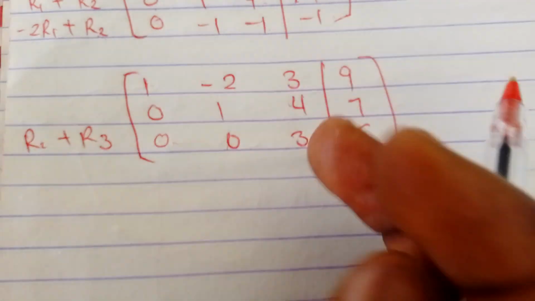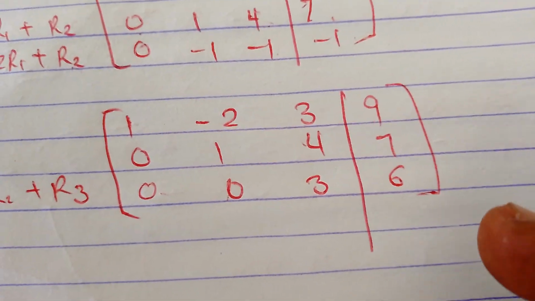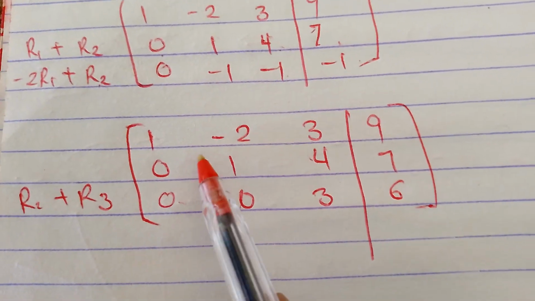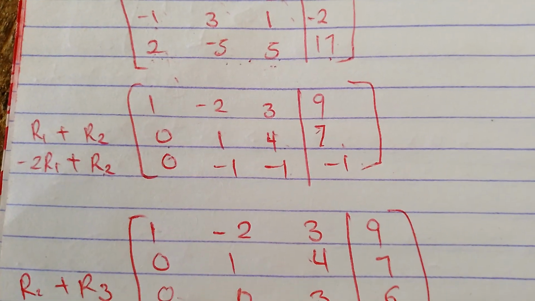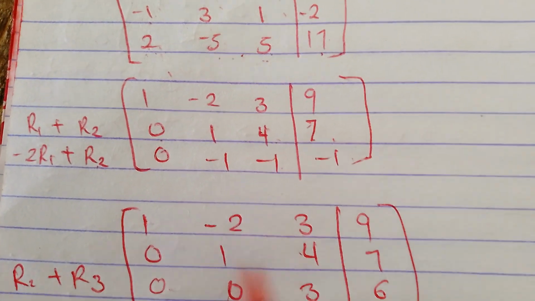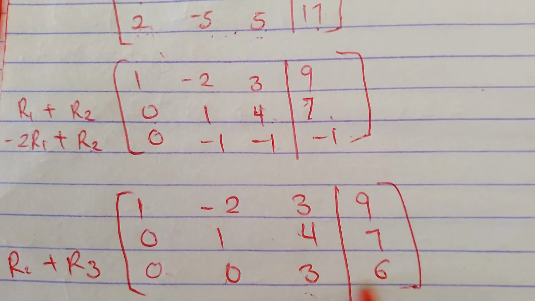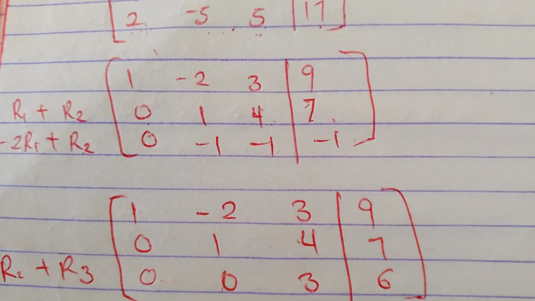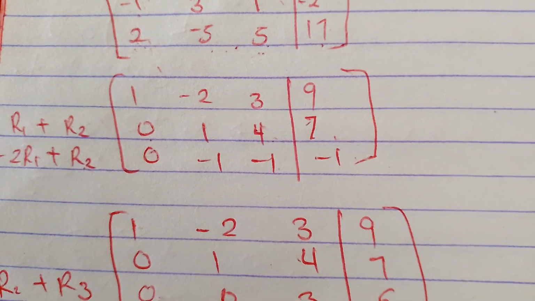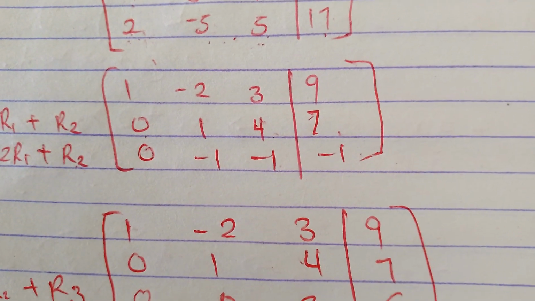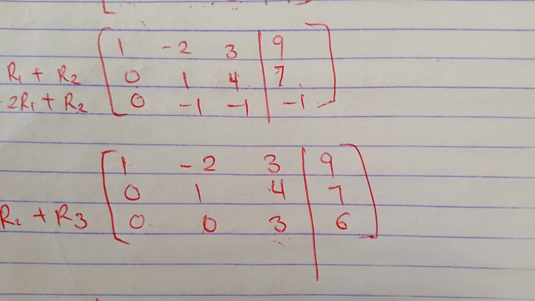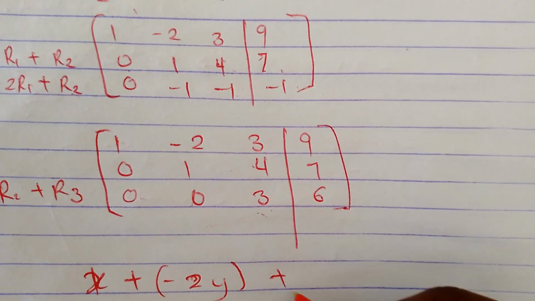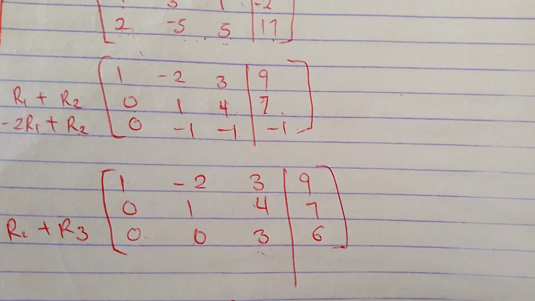Okay. So this is naive Gaussian elimination. There are many ways you can move on from here. So you can simply say that since this is z, we can rewrite our whole equation again. So we have x plus negative 2y plus 3z equals 9.